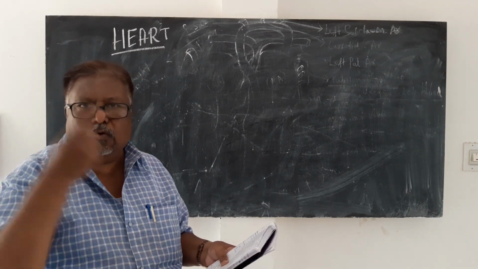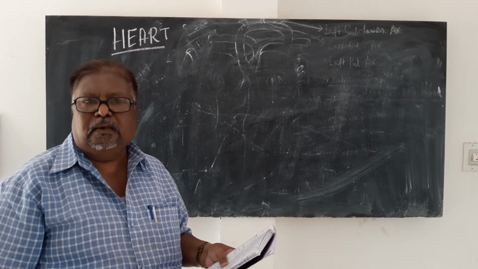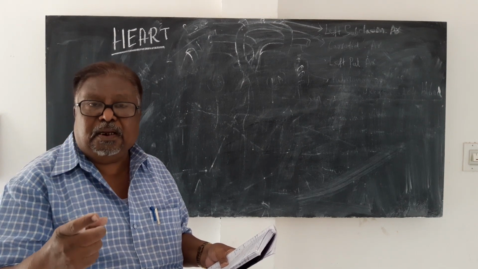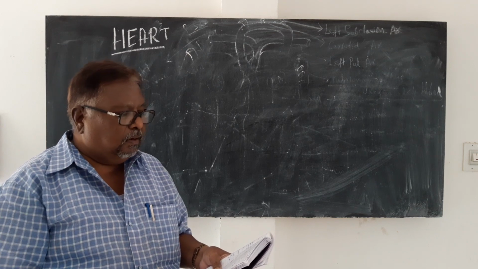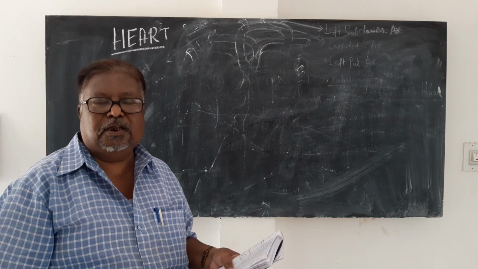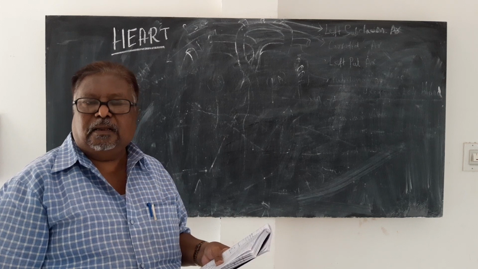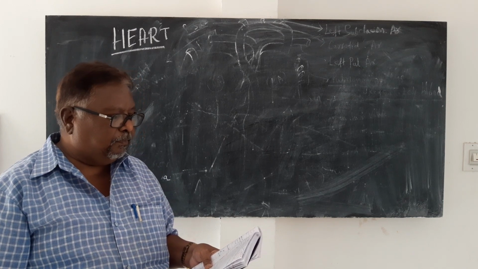So the blood is moved throughout the body by the pumping nature of the heart through the blood vessels. It is not open. Through the blood channels, the blood moves to the different parts of the body.